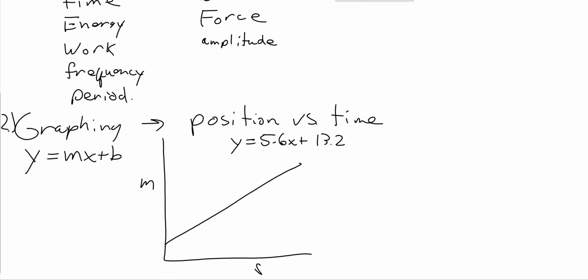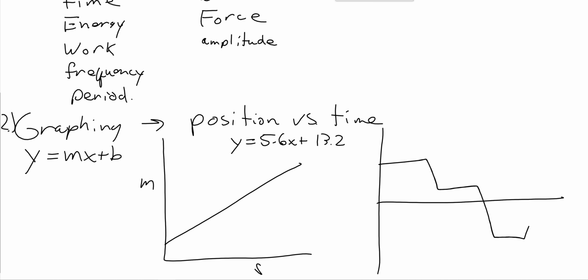The other way I could give you a position versus time graph is I could make it look kind of like this. So this would be meters and seconds. Could I ask you to calculate the total displacement? Yes. How would you do that?